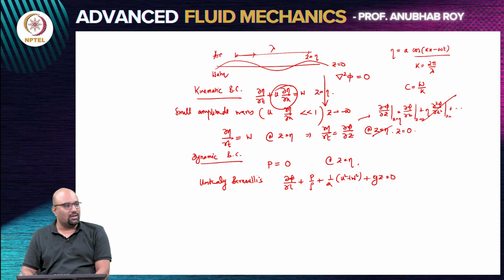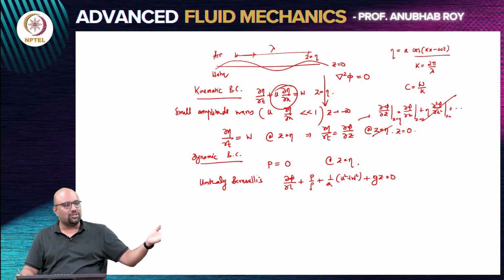It's actually equal to a constant and you can absorb that constant, it's some time dependent constant, in the definition of the potential. So I basically again put that to be 0. This entire quantity on the LHS is a constant everywhere in the flow and thus it's a constant also on the interface, and I've chosen that constant to be 0 by saying if you choose it to be something else, you can plug it into your definition of potential. It will not change the velocity field. φ written as φ plus some function of time will give you the exact same velocity field, right?